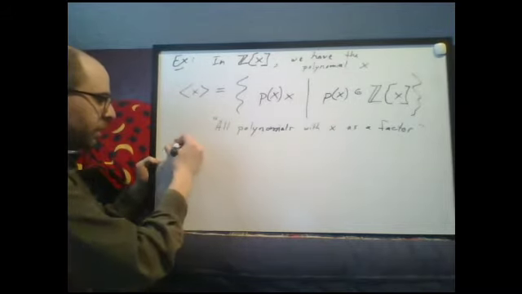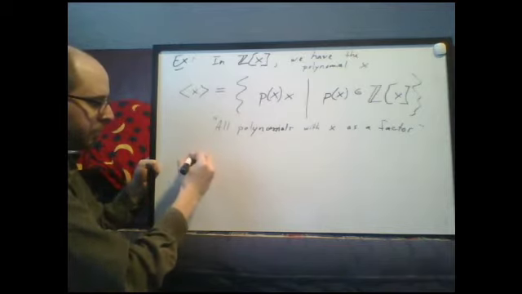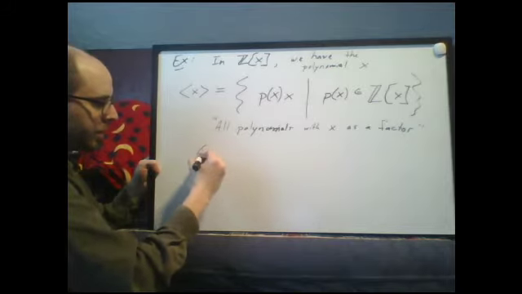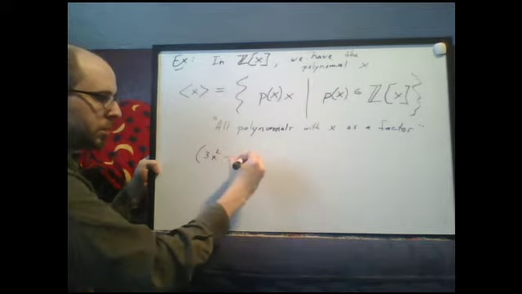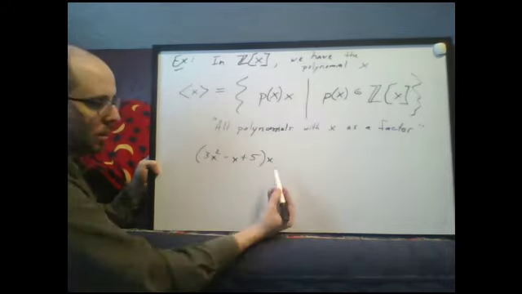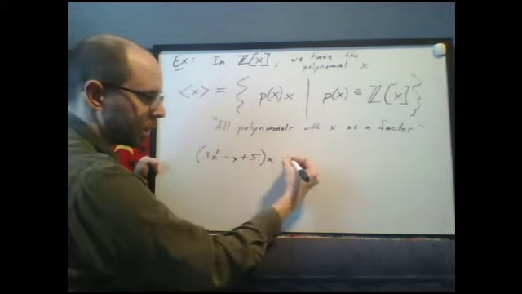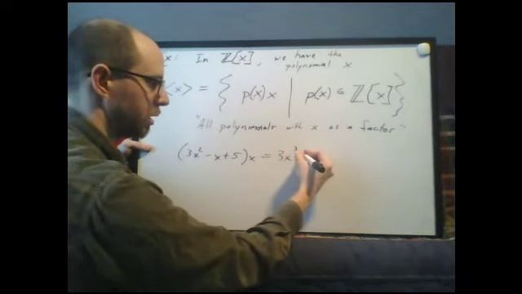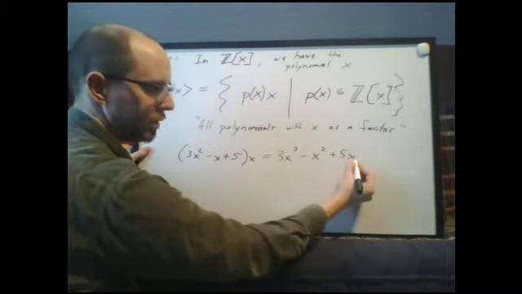Okay, so for example, if I've got like 3x squared minus x plus 5 times x, then x is a factor. If it wasn't factored, what that would tell me is I don't have a constant term, right? So 3x cubed minus x squared plus 5x. I have a 0 constant term.